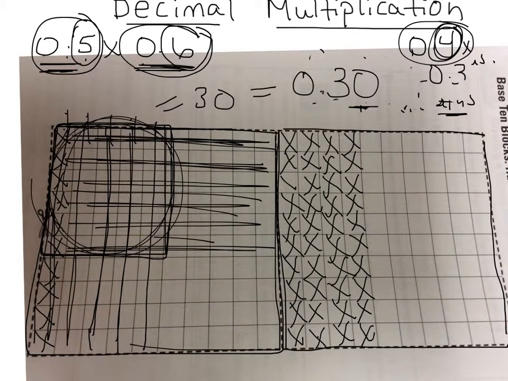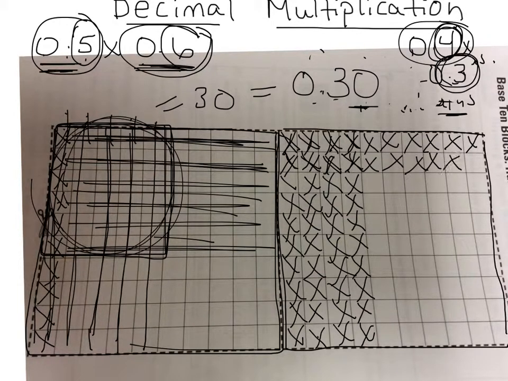And now my other decimal is 0 and 3/10. So now I'm going to shade in 3/10, but going across the top. 1/10 across the top, 2/10, and 3/10. Now, we look at what's overlapped between the two numbers that I shaded in.